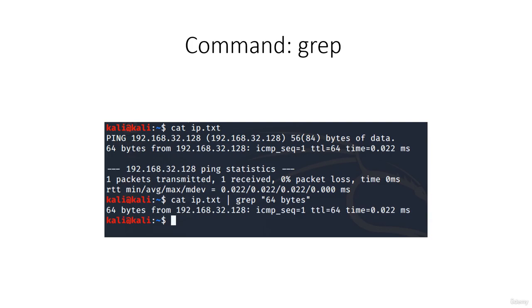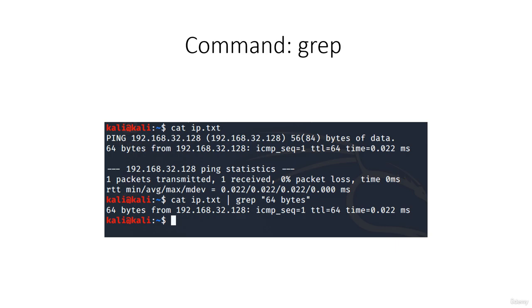So we are going to narrow down specifically on 64 bytes. We will be adding the pipeline, which is this one, called a pipe, after the cat command, and the pipe symbol allows us to add an additional command.